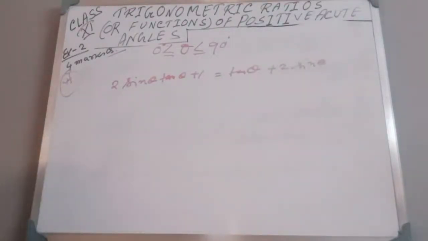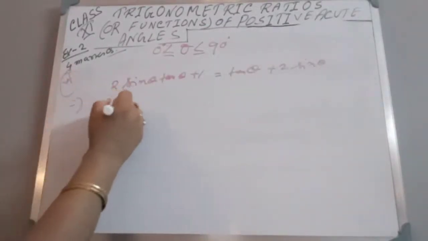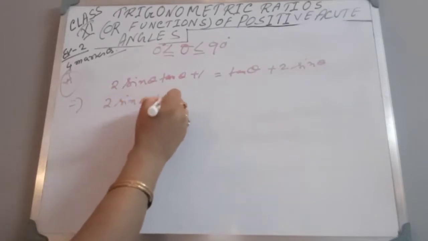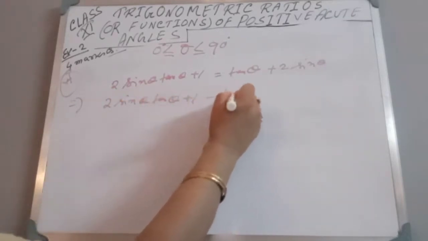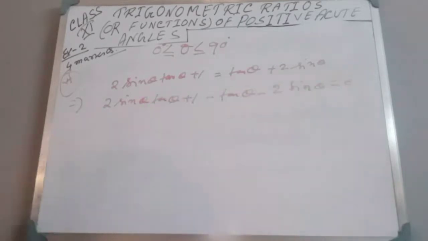Okay, now 2 sin θ (tan θ plus 1), just take all these terms to the left hand side, then what we will get? 2 sin θ (tan θ plus 1) minus tan θ minus 2 sin θ is equal to 0.